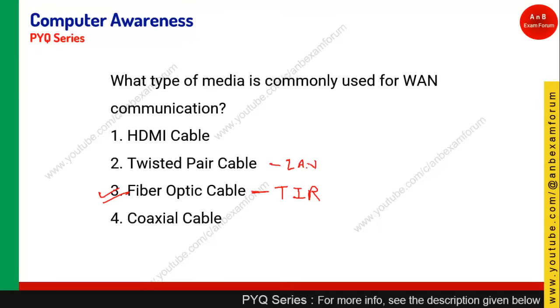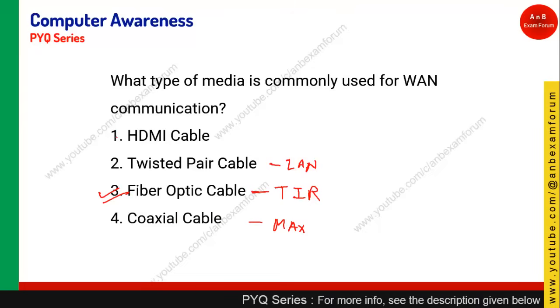And coaxial cable is sometimes used in the MAN. It is generally used for the antenna part, like if you have DTH or dish to home, you have this type of cable.